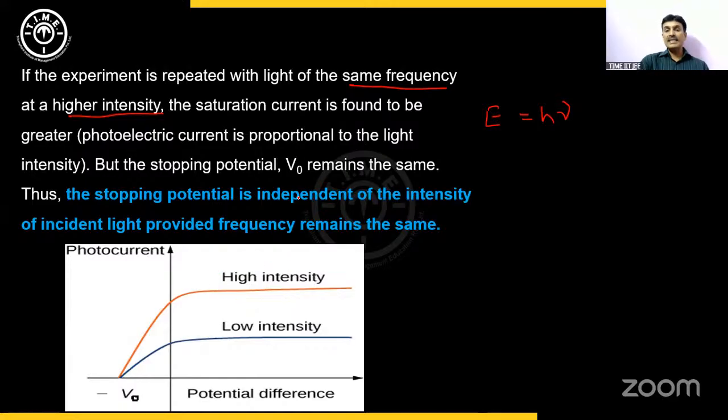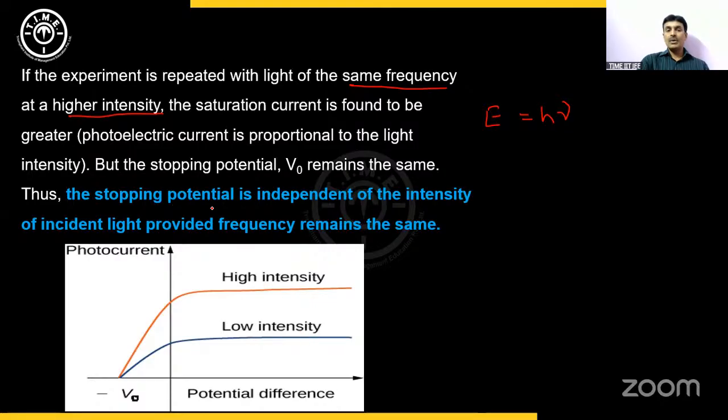When the intensity is reduced, it doesn't mean that the energy of each photon is reduced. Photons are of the same energy, but the number of photons is decreased. Less current is established in the circuit because fewer electrons are released. So that leads to low saturation current.